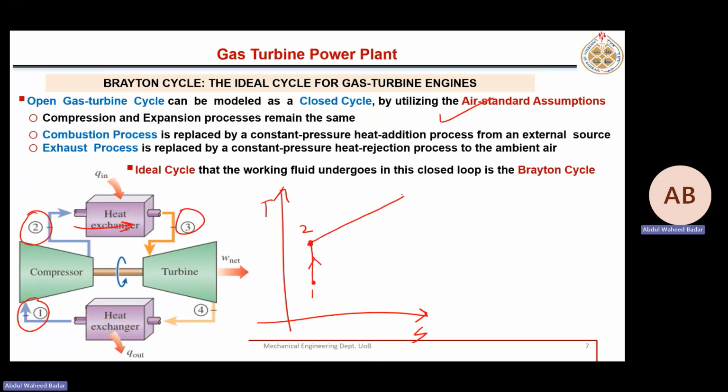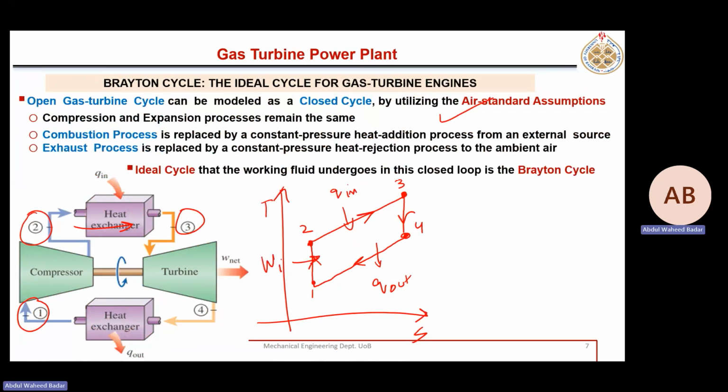So constant pressure in the gaseous region, 3 to 4, isentropic expansion, and 4 to 1, heat rejection. This is Q out, this is Q in.